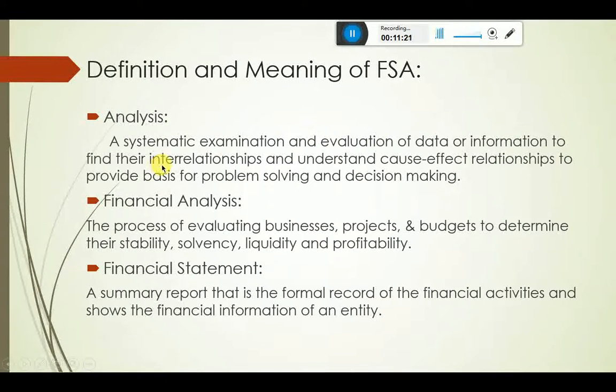To find out the interrelationship between the factors or elements of that information, and understand the cause and effect relationship between them, right? Why do we do this? We want to solve a problem or we want to make a decision, right? So that is all about the meaning or definition of analysis, right?